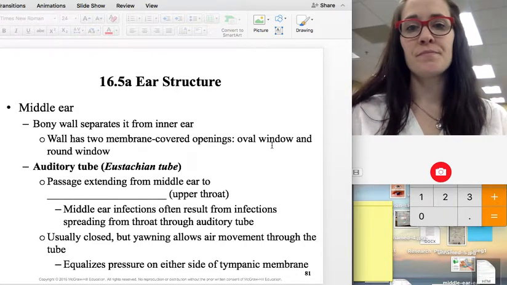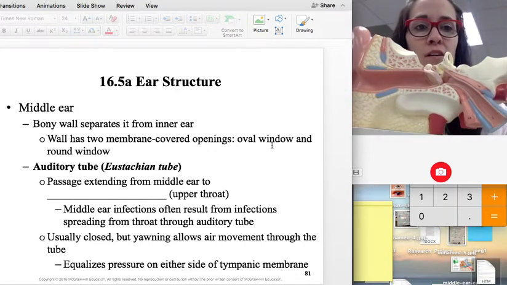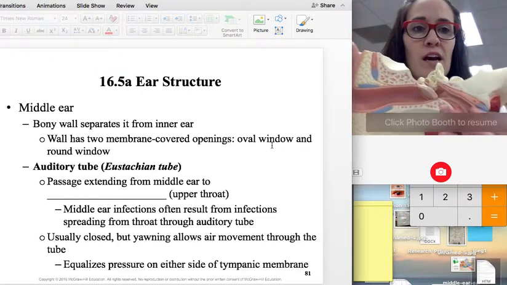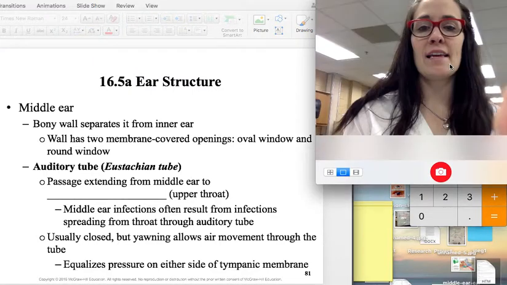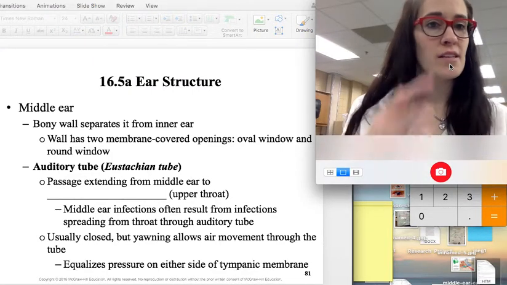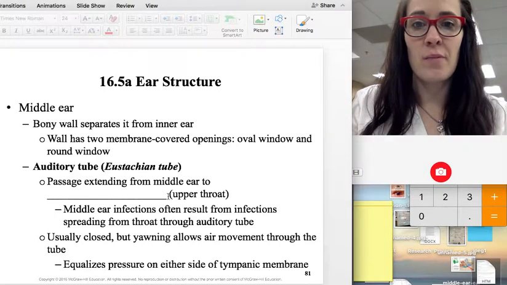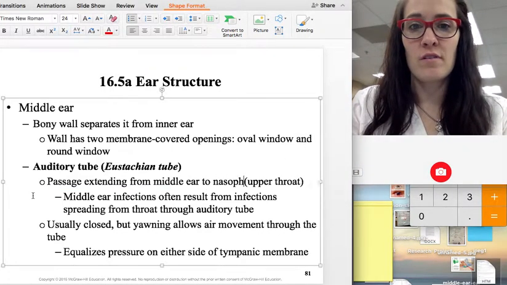So in the middle ear, there's another tube. This tube is called the eustachian tube or the auditory tube. Usually it's closed, and it's a passageway that extends from your ear into the back of your nose, your upper throat, called the nasopharynx.